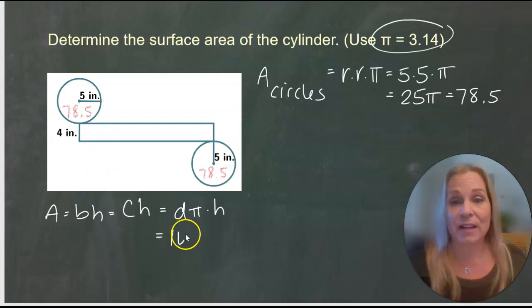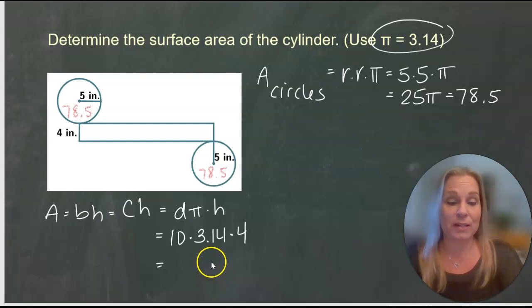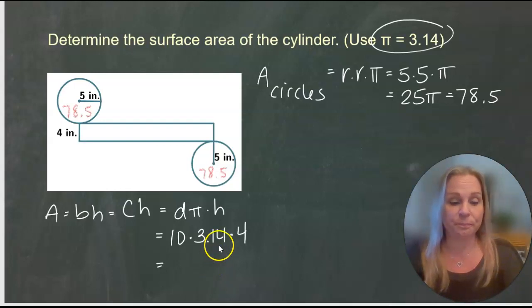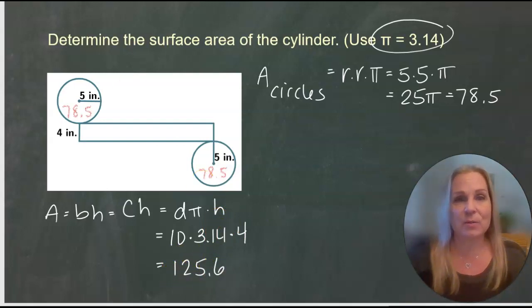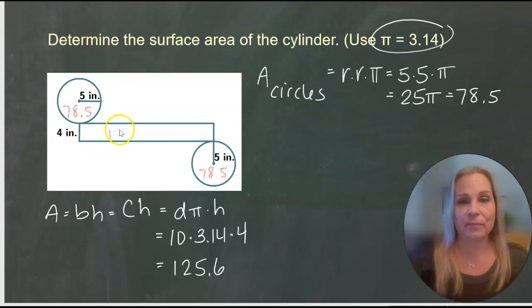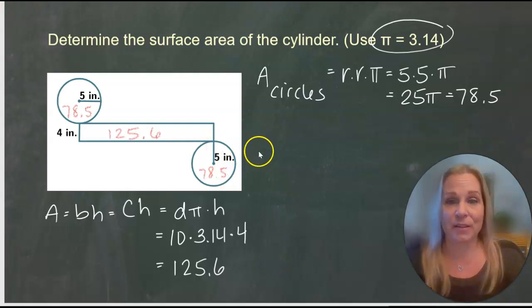So I'll have 10 times 3.14 times my height, which is 4, and that's going to give me, I'll just multiply the 10 in my head, so 31.4 times 4 is 125.6. So that's the area for this part, right?